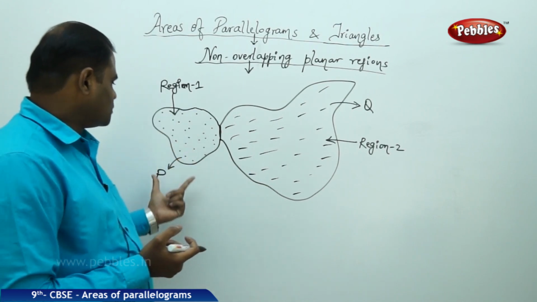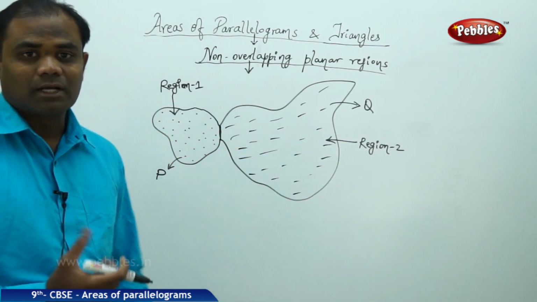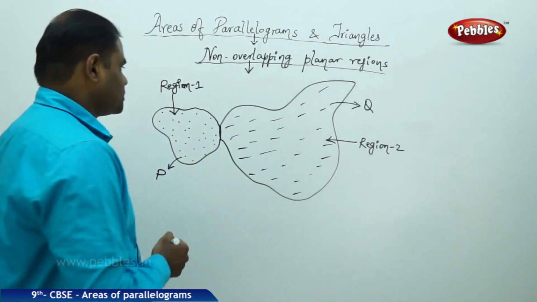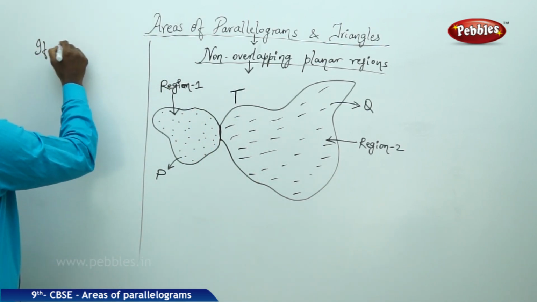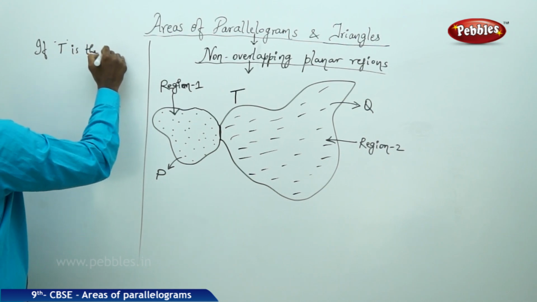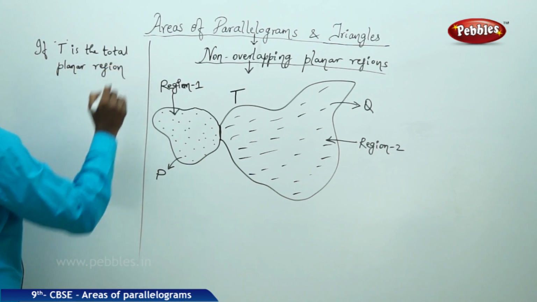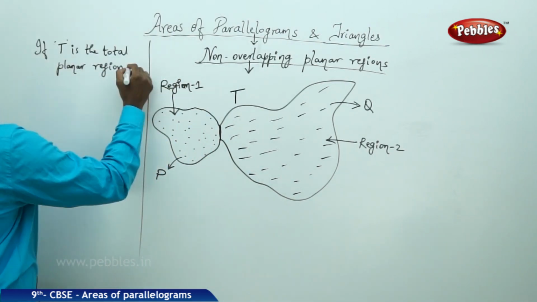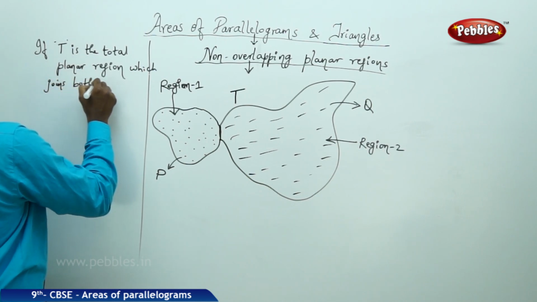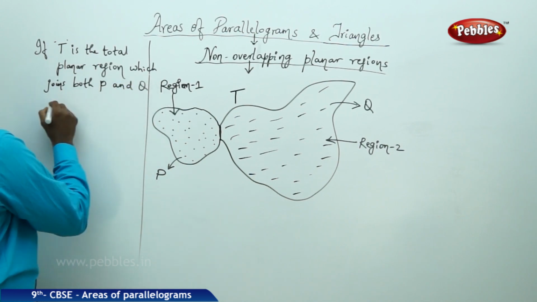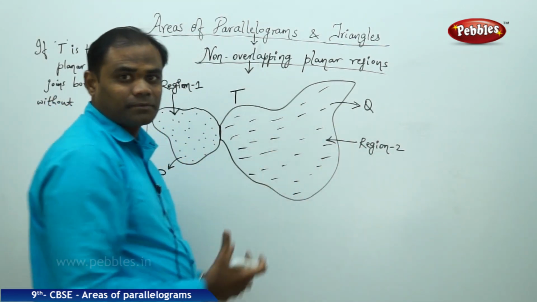Now the planar region 1 denoted by P and the planar region 2 denoted by Q are joined together, where the whole region joined is denoted by T. If T is the total planar region which joins both P and Q, both region 1 and region 2, without overlapping.